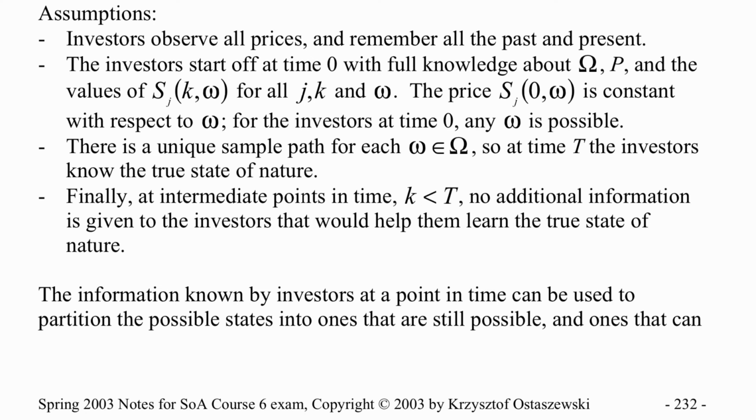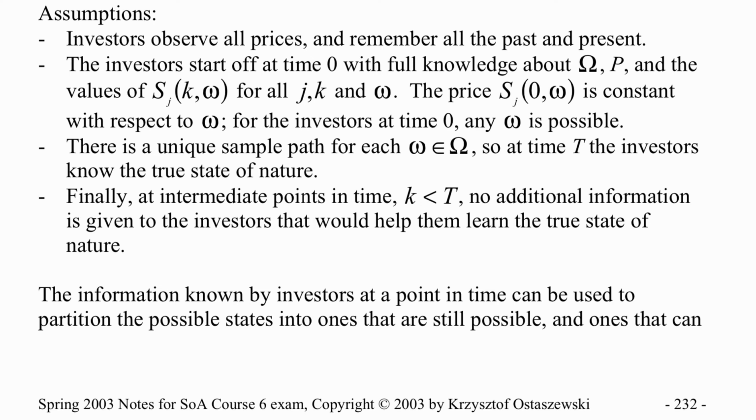And there is a relationship of the binomial model to what we're talking about because both are an attempt to create arbitrage-free models. The investors start off at time 0 with full knowledge about all possible states of the world, probabilities, and the values of S_j(k, omega) for all j, k, and omega.